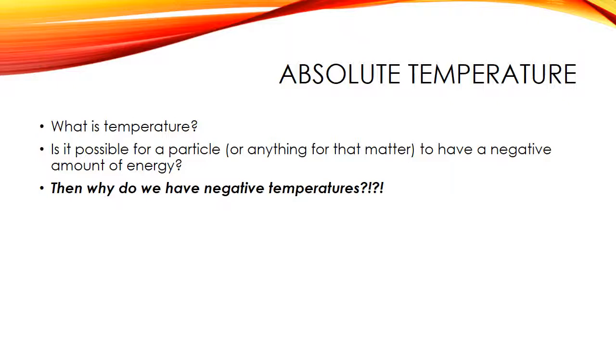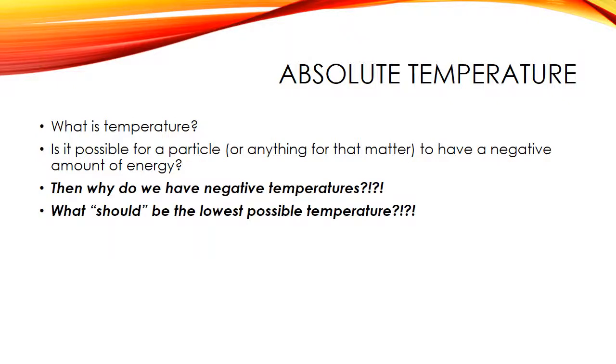Or another way to ask it is, what should the lowest possible temperature be? Go ahead and ask yourself that question. Hopefully, when you're thinking about this, your brain's taking you to the realization that if we are actually measuring energy, the lowest possible temperature should be zero.